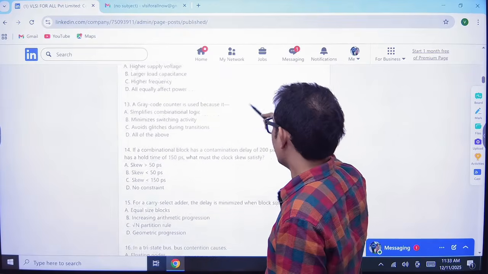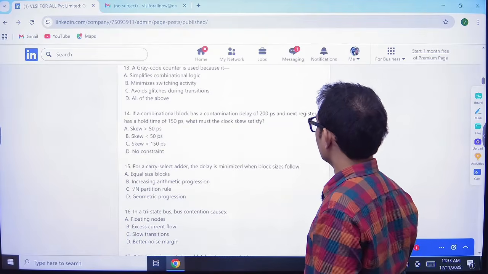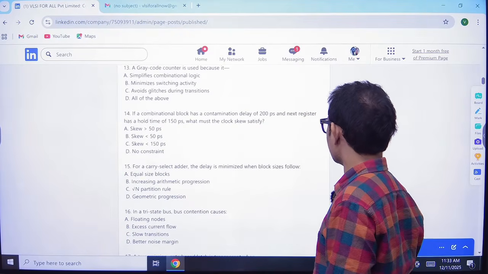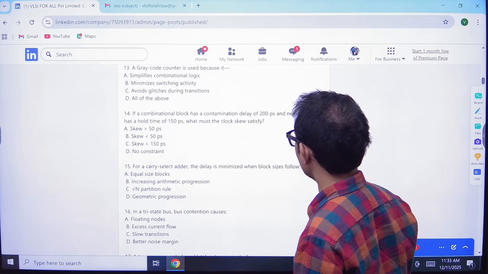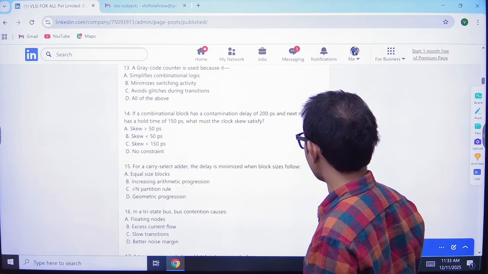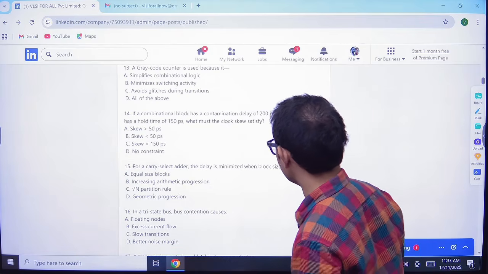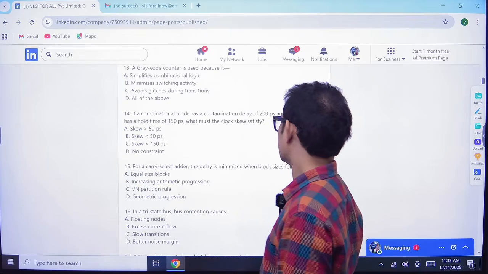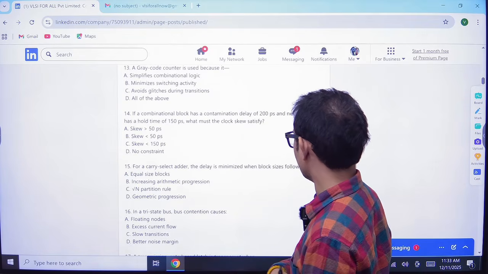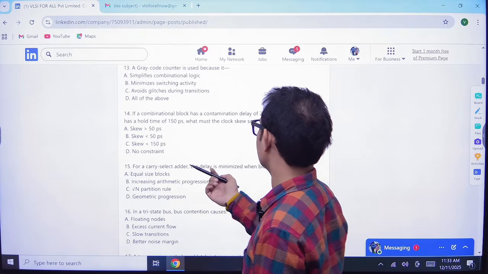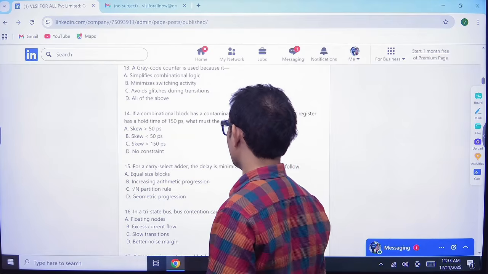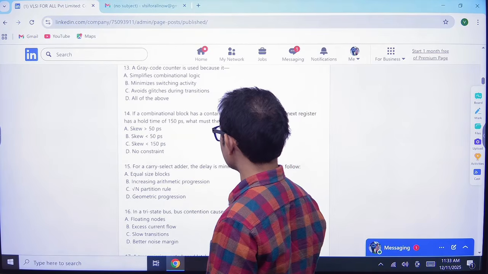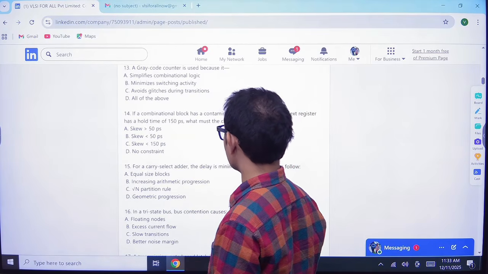If a combinational block has a contamination delay of 200 ps and the next stage has a hold time of 150 ps, what must the clock skew satisfy? Skew should be greater than 50 ps, lesser than 50 ps, lesser than 150 ps, or no constraints.